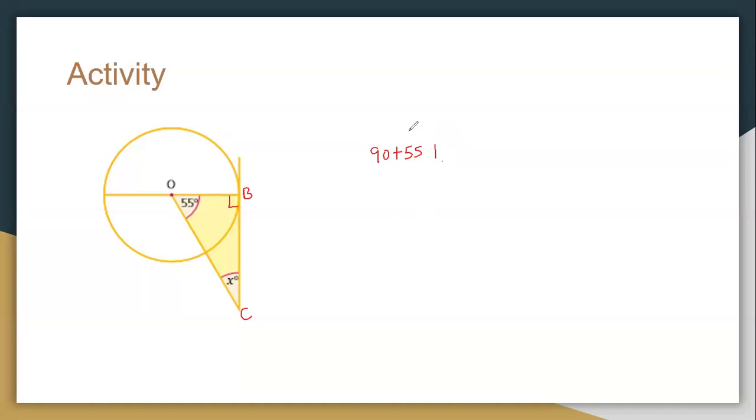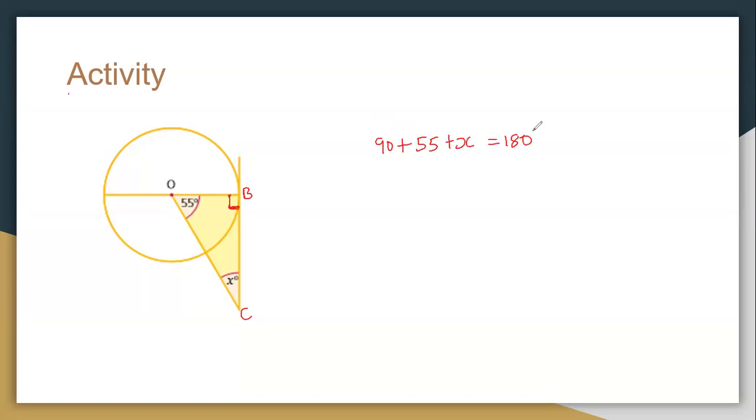I have not yet agreed with you. Let me hear what Amara is saying. Yes, Amara, what are you saying? Yes, teacher, good morning. As you are saying, as the radius hits the tangent, it forms an angle of 90 degrees. So now we can use another theory in angles, whereby a triangle adds up to 180 degrees. So you'll say 90 plus 55 plus x is equal to 180 degrees.